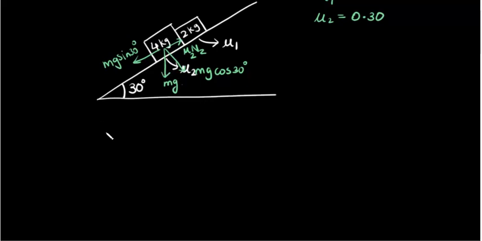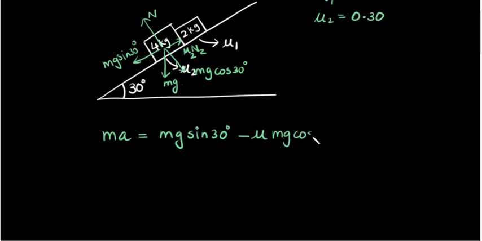So now the net force will be ma is equal to mg sin 30 minus mu times n, but n is mg cos 30. This is n, so n is mg cos 30. This is mu2. Now we can cancel out the m and find the acceleration.